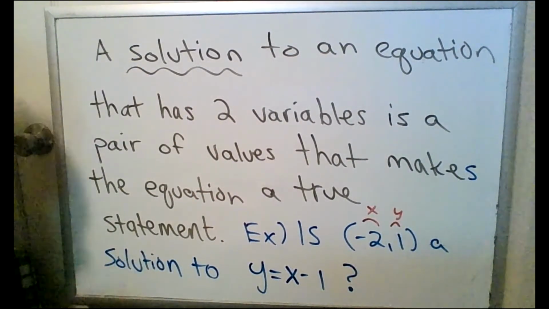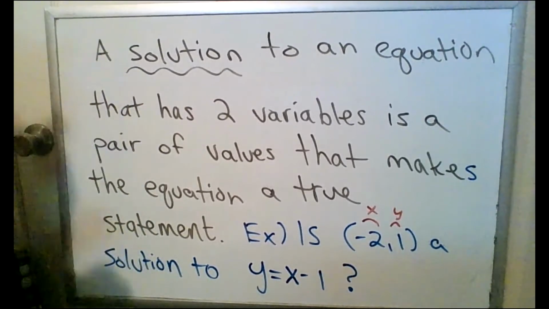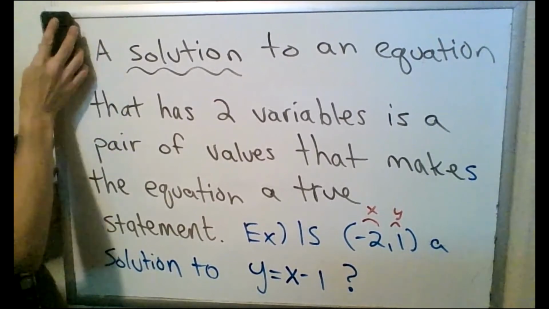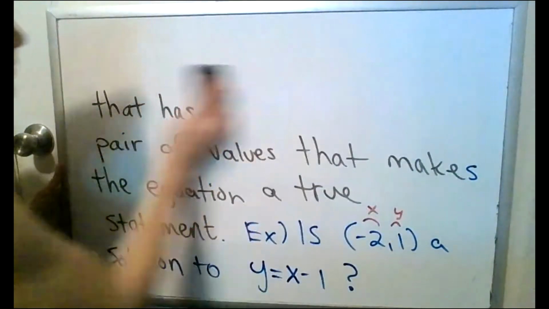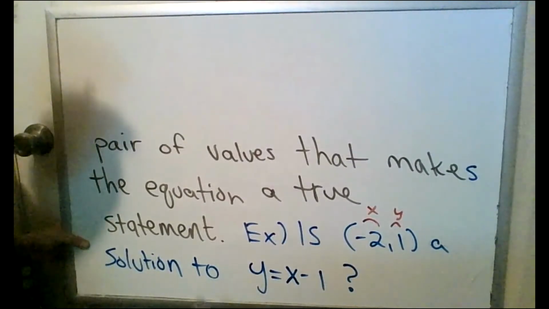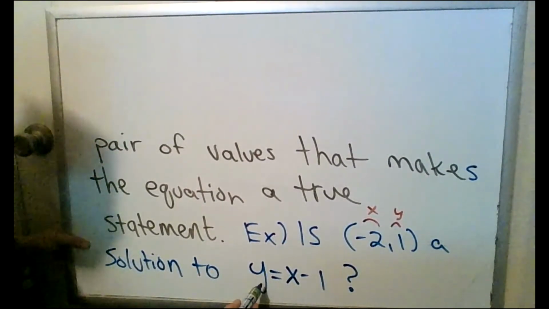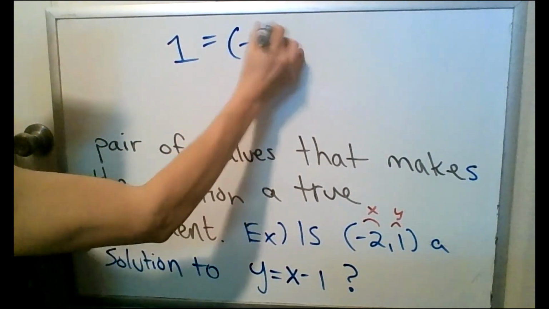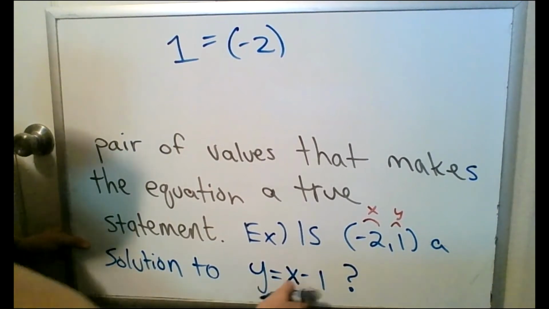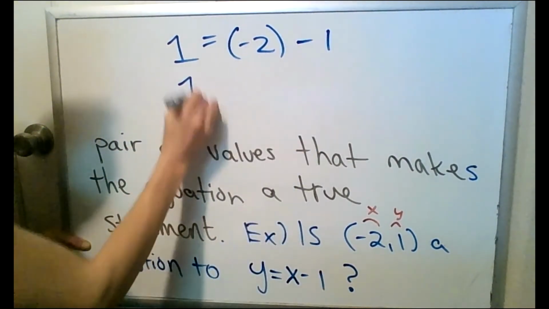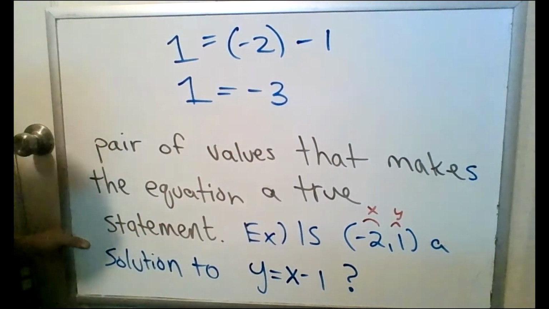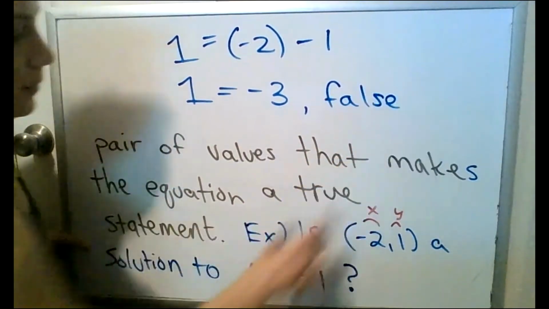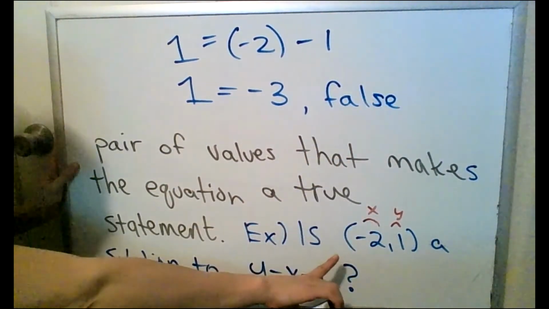And then check if that statement is true or false. I've got y equal to 1. On the other side, it's -2, and then subtract 1. That's a false statement. So that point is not a solution.